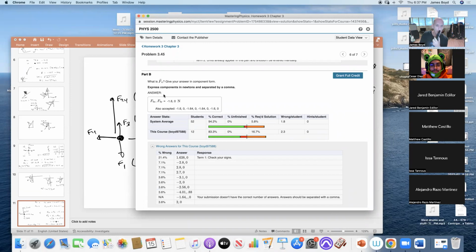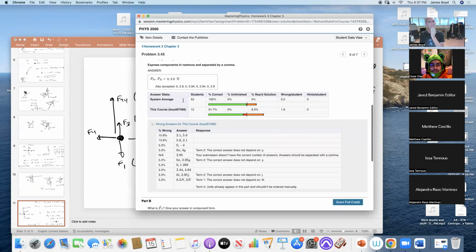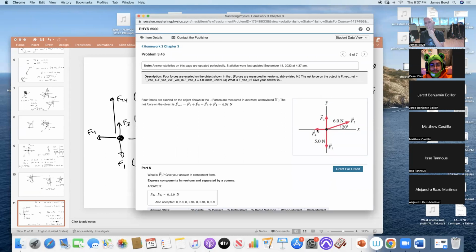Why are they getting negative 1.64? 1.64 divided by cosine of 20. Yeah, this is wrong. Looking here, F4 points that way. It should be equal to, unless I'm missing something.